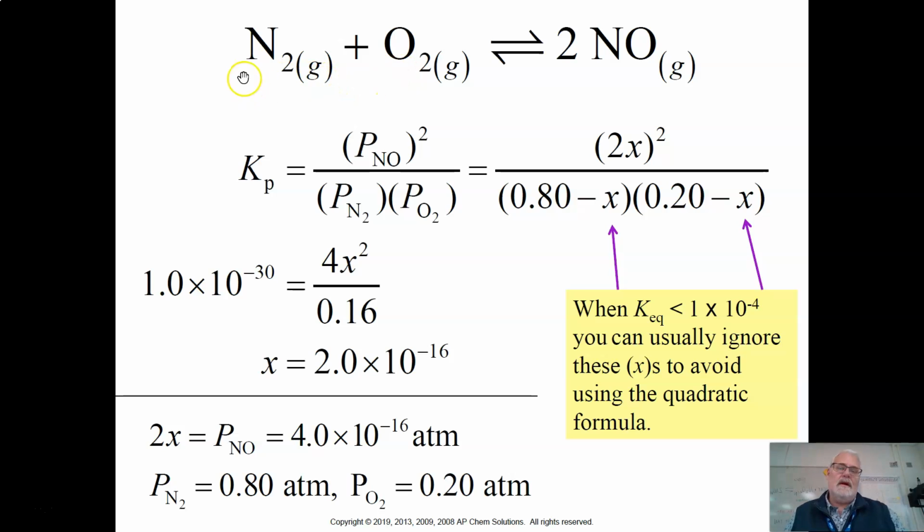Now we know in our hearts that these are both slightly smaller, but there's no way you could justify going that many decimal places out. So they stay the same, and that's why you can avoid using the quadratic formula. I know that sounds horrible, doesn't it?